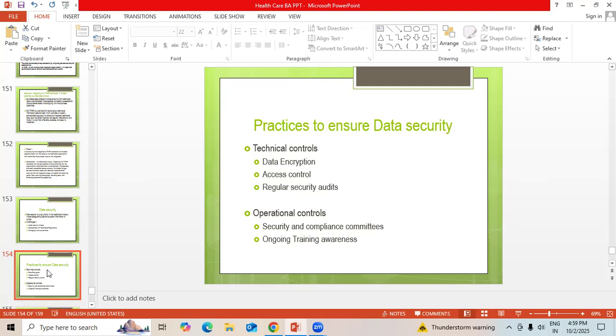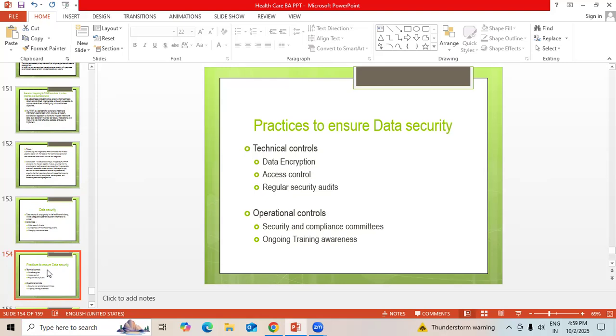Next, ongoing training and awareness can be given on data security protocols, so that we understand emerging threats and can maintain a culture of security within the organization through these training and awareness programs.